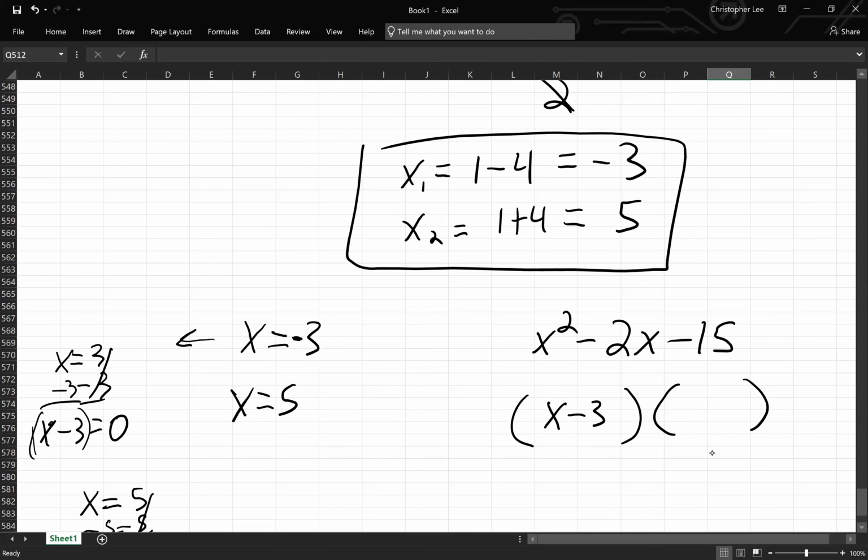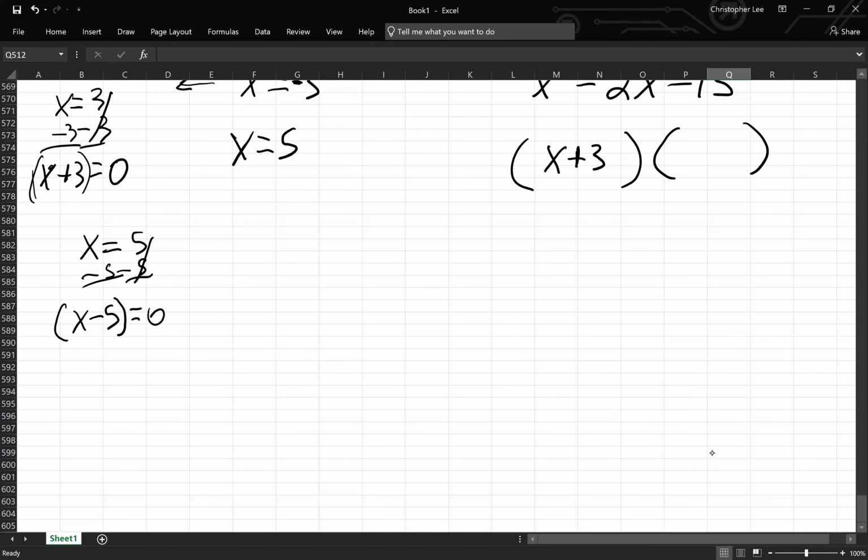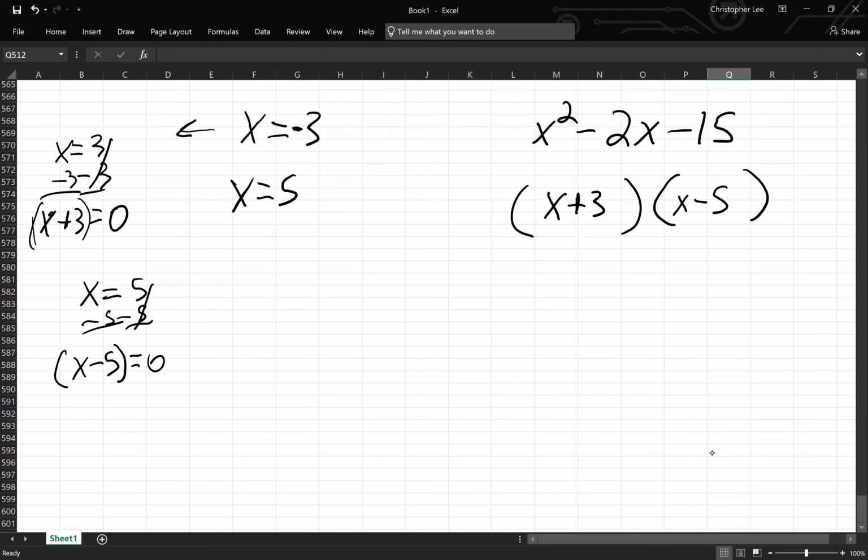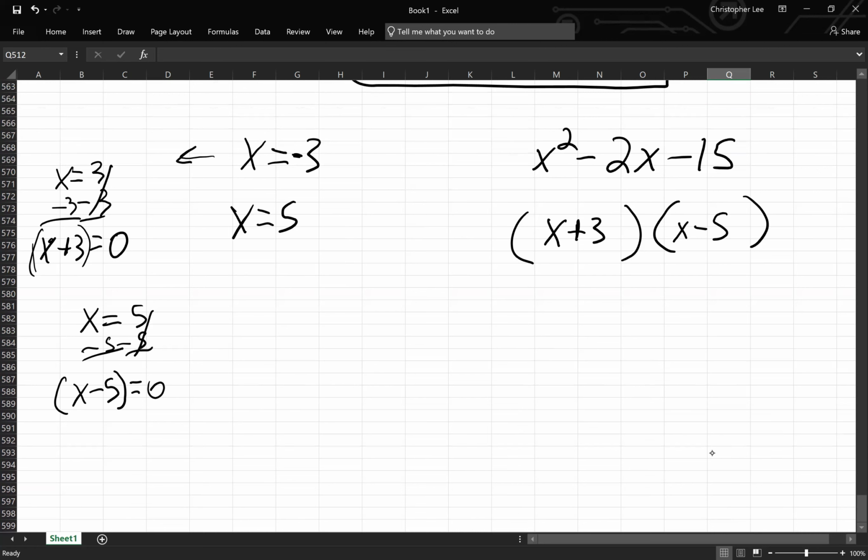This should be -3, and this should be positive. That felt a little bit wrong. Okay, now we're good. And this would be x minus 5. All right. So long story short, you can take your roots and you can change them into the factors.